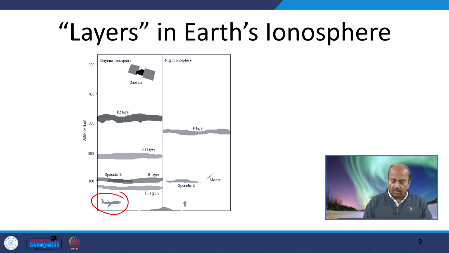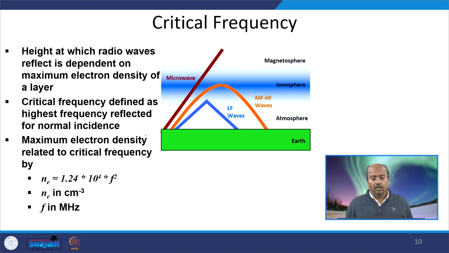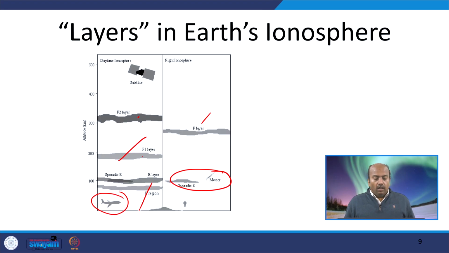It also matches very well with the meteoric ablation height, which is in the mesosphere. And then you have the F1 layer, the F2 layer, and some satellites can be seen at 500 kilometers. At night time, you have only the E region appearing, and the D region completely disappears. The F1 layer completely disappears. Right.